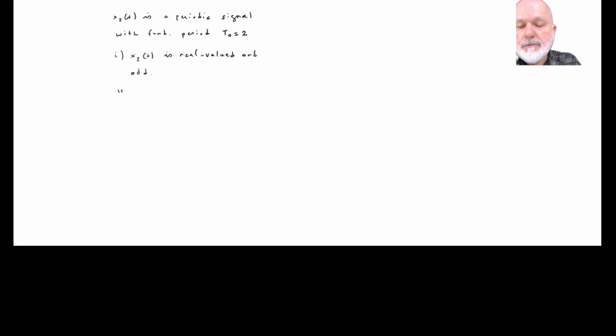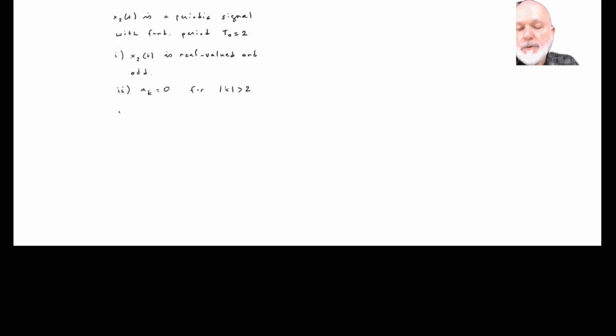The second information is, again, the Fourier series coefficients are 0 for magnitude k greater than 2. That means for k greater than 2 or for k less than minus 2, the Fourier series coefficients are 0. So we have only A0, A1, A minus 1, A2, and A minus 2 as non-zero coefficients.